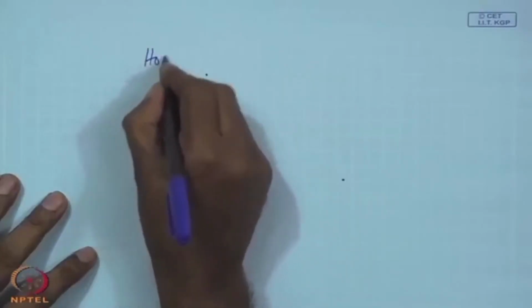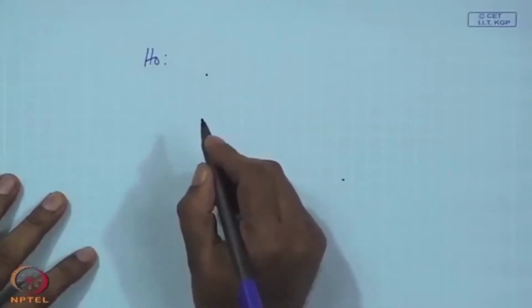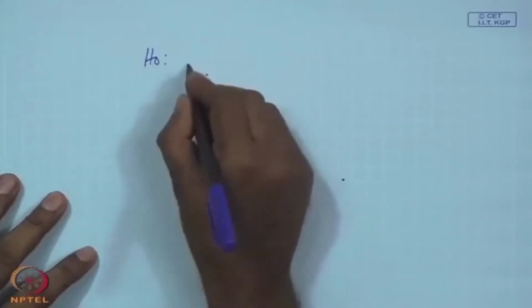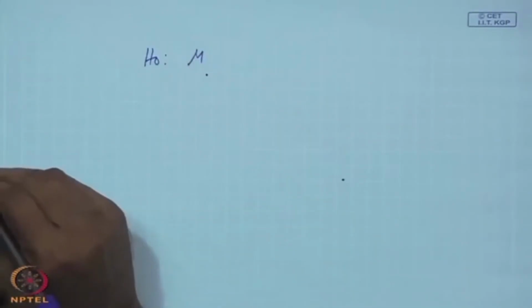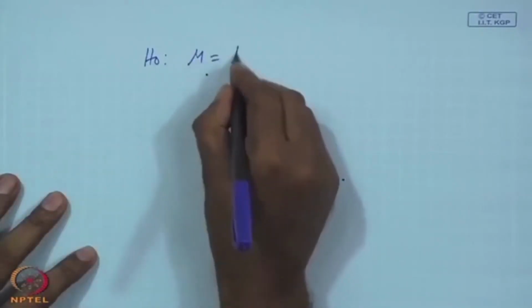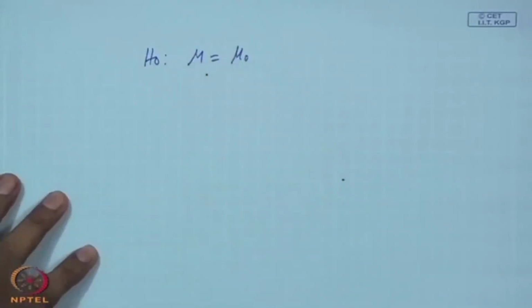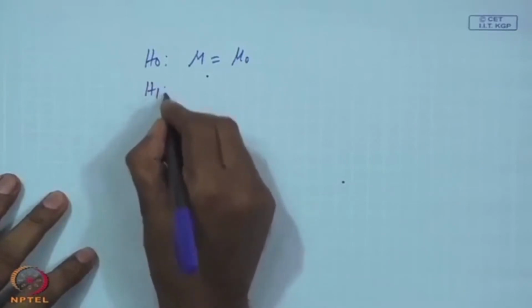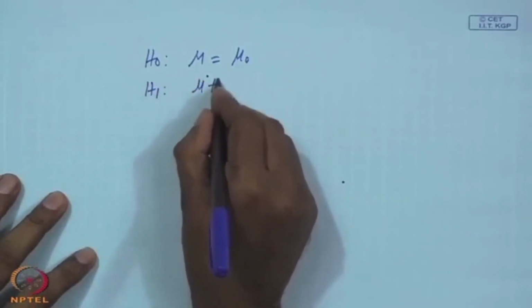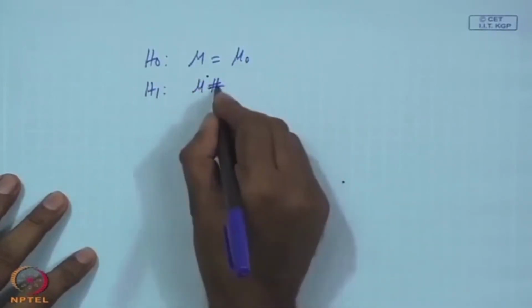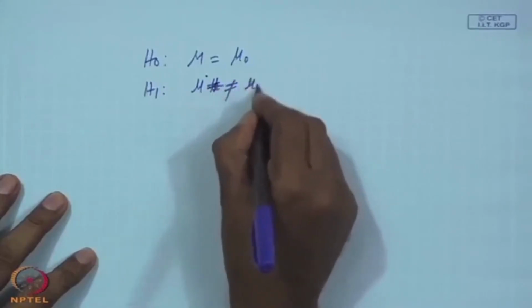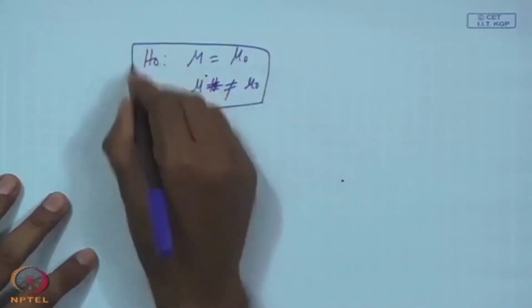Now, in the multivariate case, what will be your null hypothesis? When you are talking about a single population, we are talking about mu. So, mu equal to mu 0. What is my alternative hypothesis? Mu not equal to mu 0.